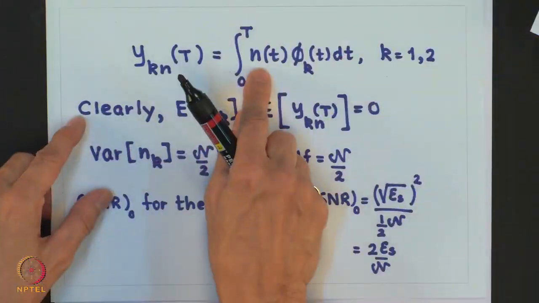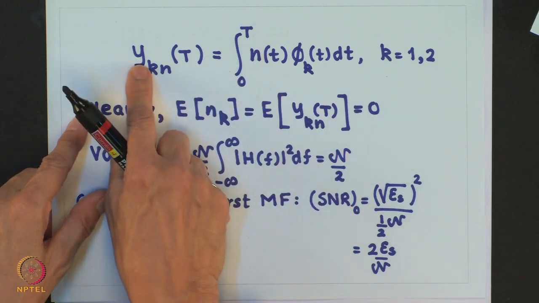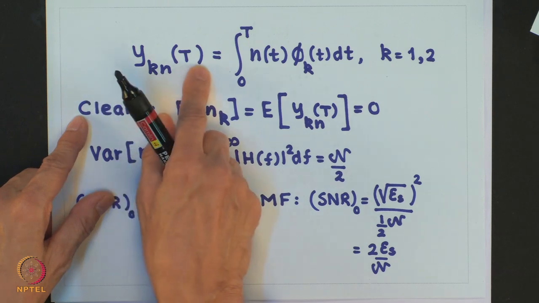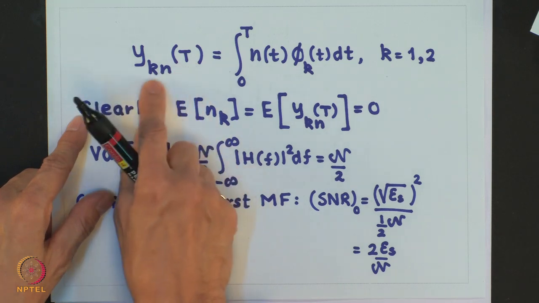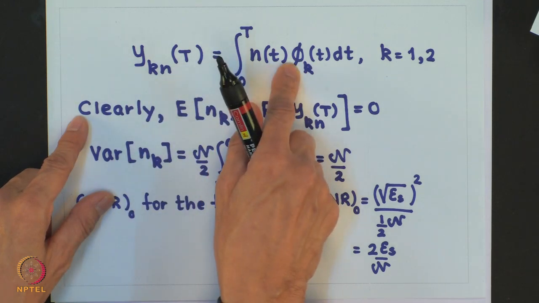How do I get them? Simple. My n(t) is getting projected on the basis signals. You have two basis signals, phi 1 and phi 2. So, I will get y1n and y2n sampled at t equal to T by evaluating this.